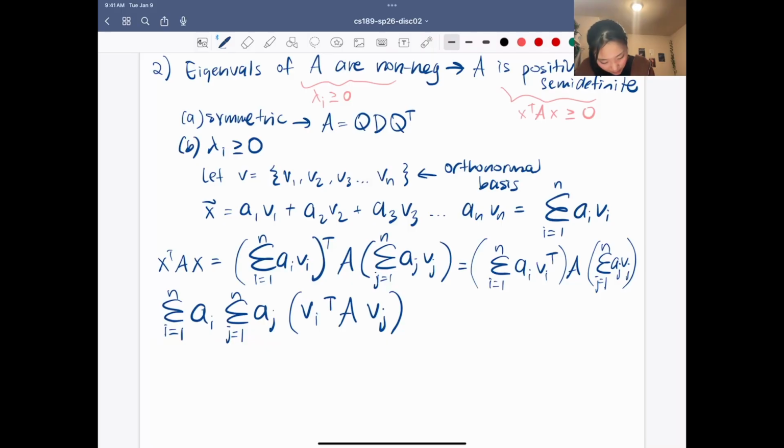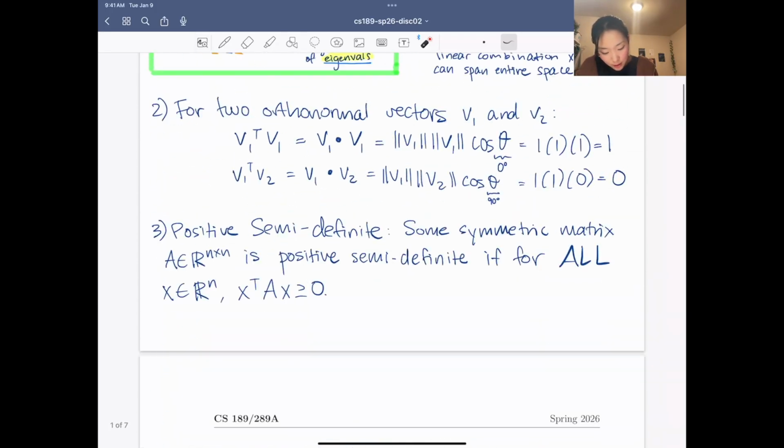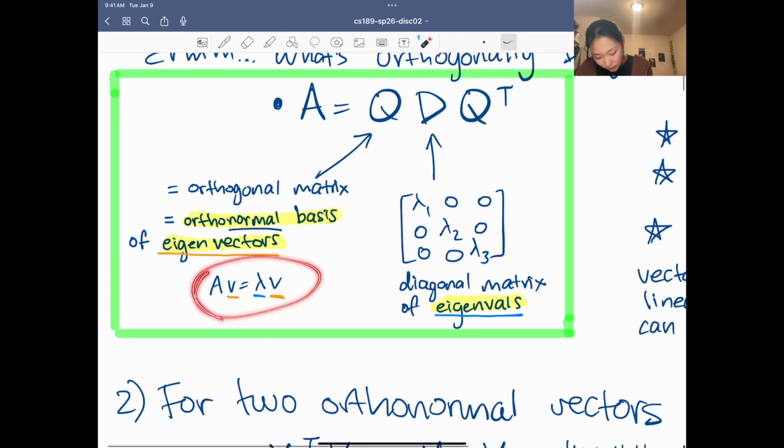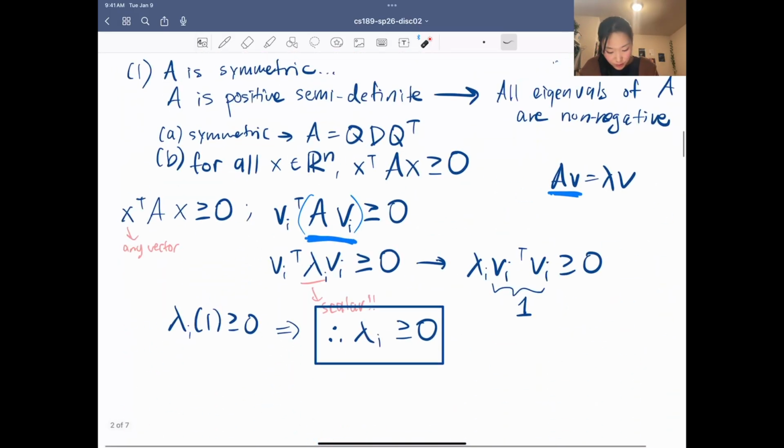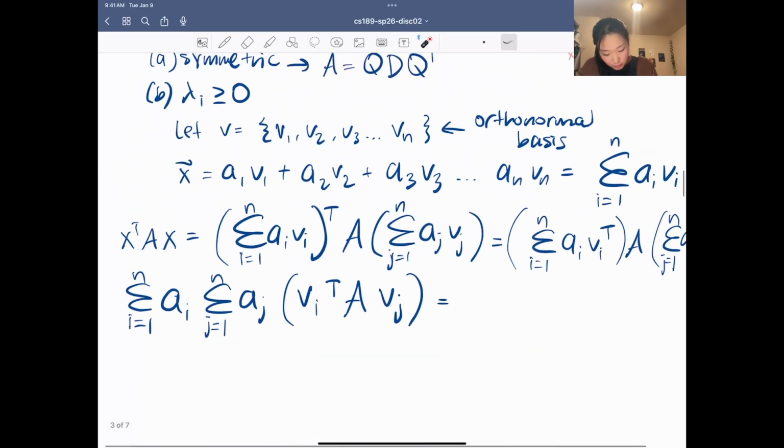If you notice here, we have this lovely A vj. What does that remind us of? That reminds us of this formula. We know that v is an eigenvector, that's how we define v. So we can replace this with lambda j vj.